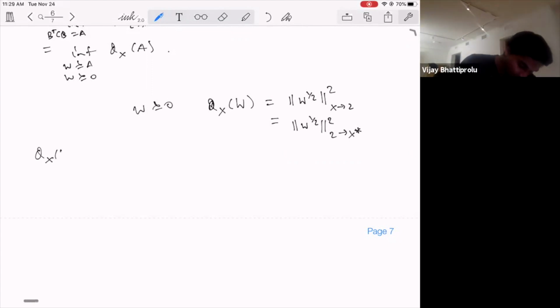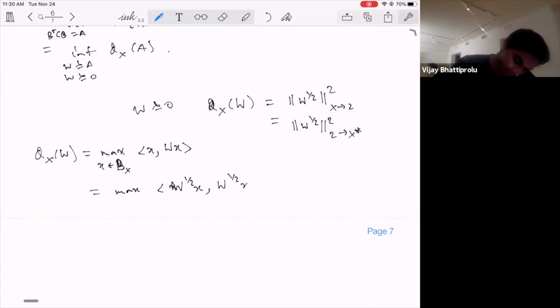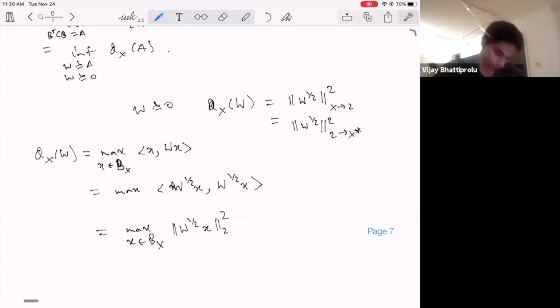Recall from the definition, this is the maximum over x in Bx of x inner product Wx, which is just equal to the maximum over the same thing of W to the half x inner product W to the half x, which is just the maximum, again over x in Bx, of W to the half x L2 norm squared, which recall is just the definition of the X to 2 operator norm.